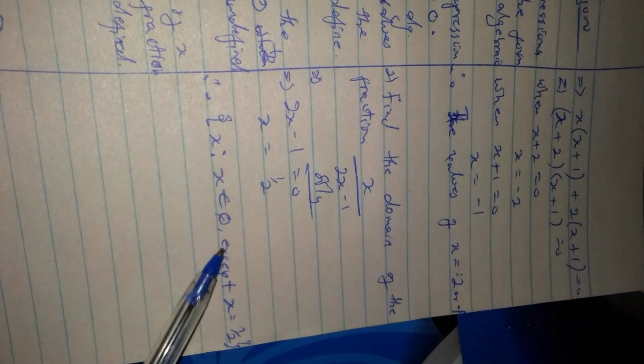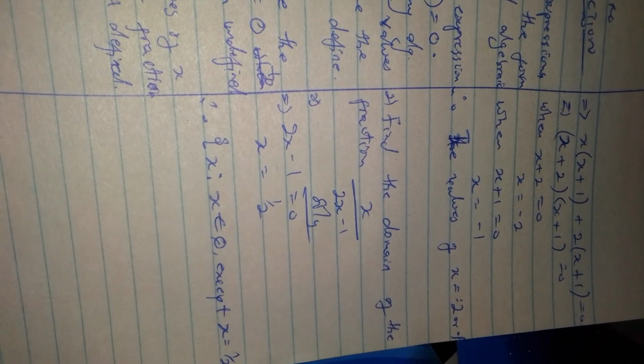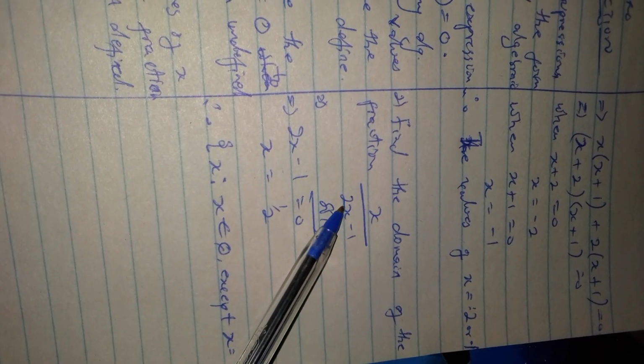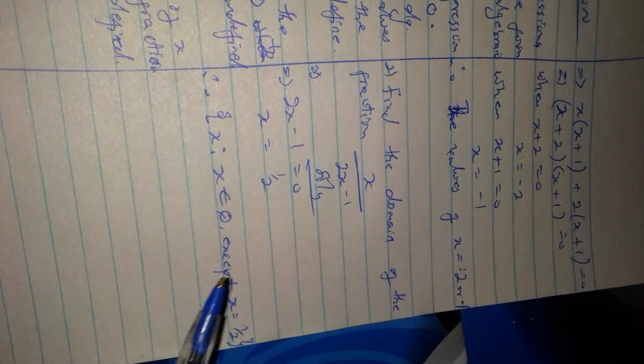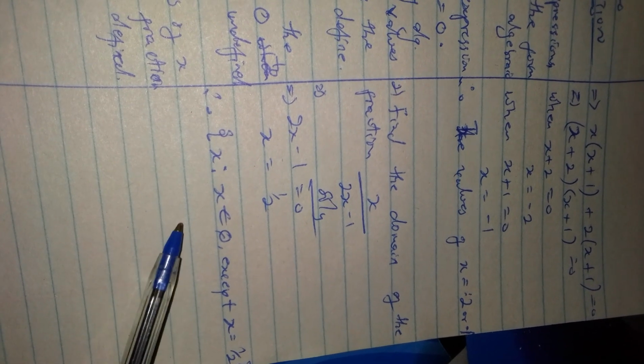Then you conclude, therefore x is a member of the rational numbers except x is equal to 1 over 2, which means any rational number, let's say 1 over 3, 1 over 5, 1 over 10, 1 over 1 billion, when you substitute them here, the fraction is going to be defined. But if you substitute 1 over 2 here, it is going to be undefined, right? And this is how you conclude the domain questions.